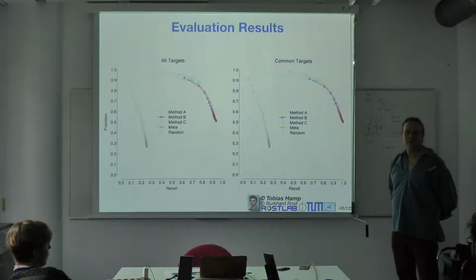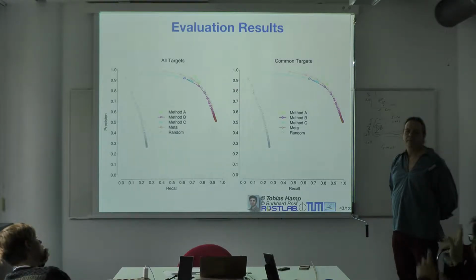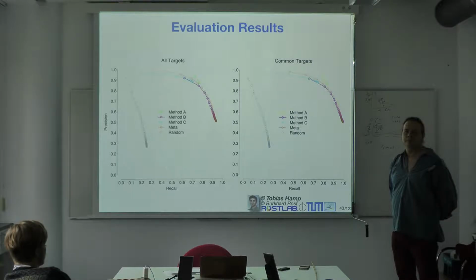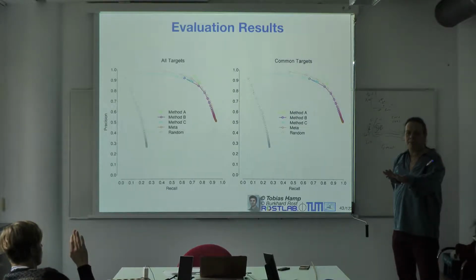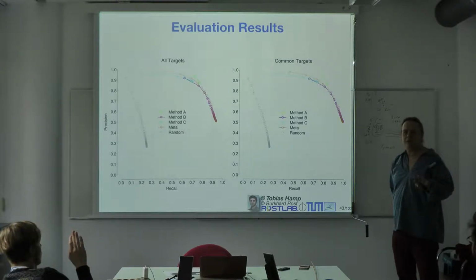Combine them. How? Well, you see that there are different areas on the recall axis where the individual methods are best. So you could. No, that doesn't make sense. But unfortunately, wait a moment. I want to hold on that.